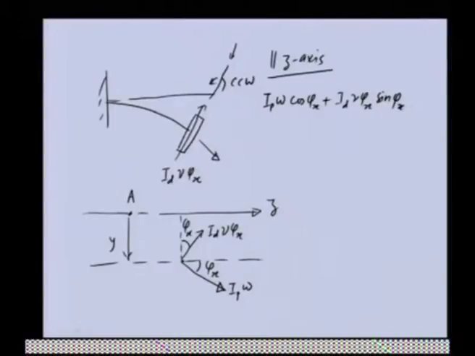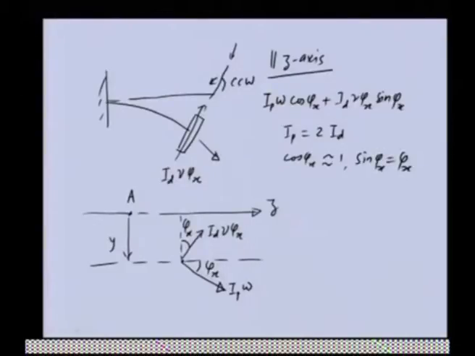This is because for the thin disk case we know Ip is equal to twice Id. So if we use this in the above expression, and for small angle phi x we can assume cos phi x is 1 and sin phi x is equal to phi x.